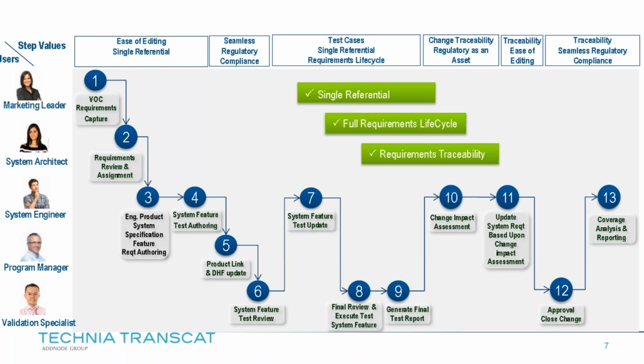Reviewing the system features, determining test scope. A product or project or program manager will review the activities and tasks and might approve the product links and perform the gate reviews and setup of the project, which determines the scope of the DHF. A test specialist or test engineer or validation engineer will perform the test, determine if the specification is correct.